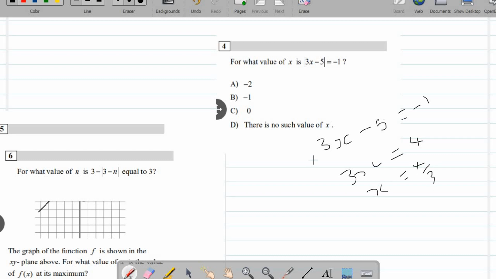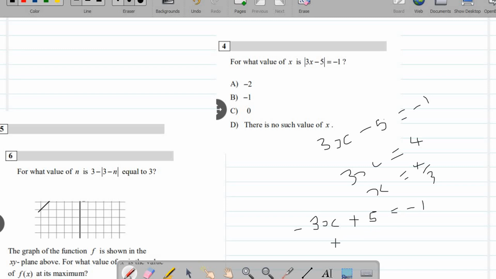Now put the negative of it, so you have negative 3x plus 5 is equal to minus 1.